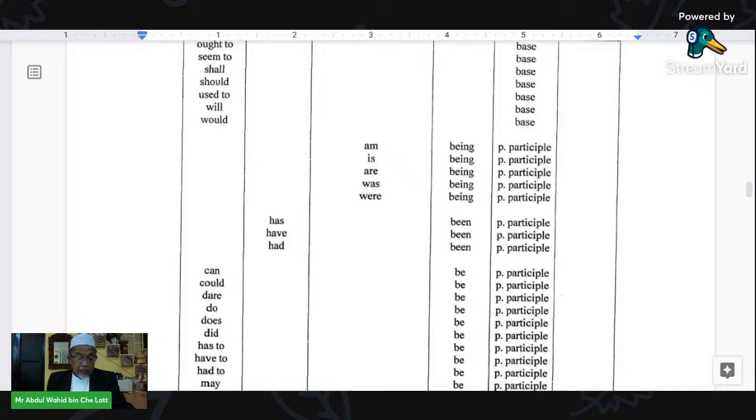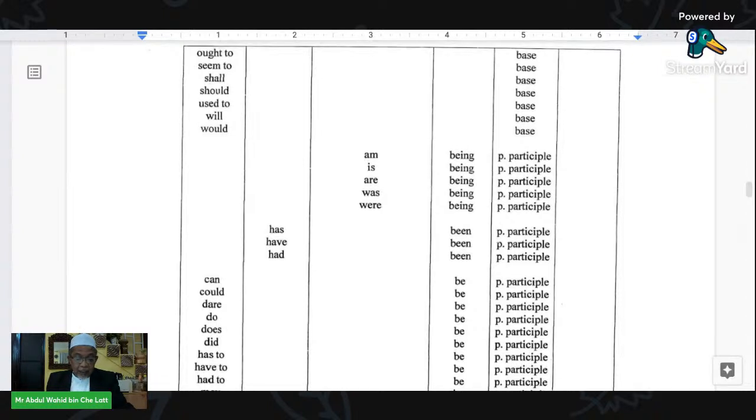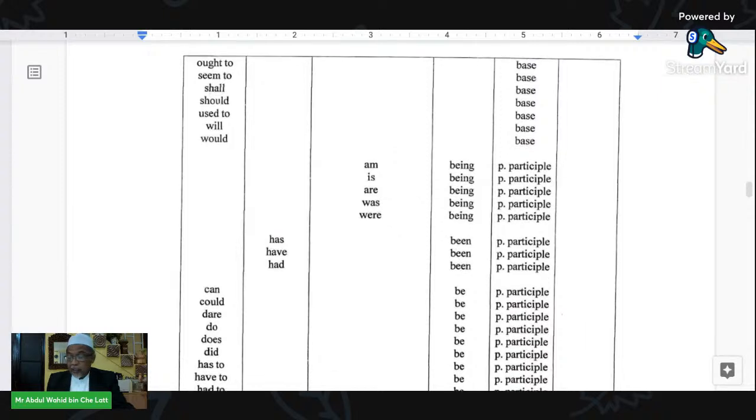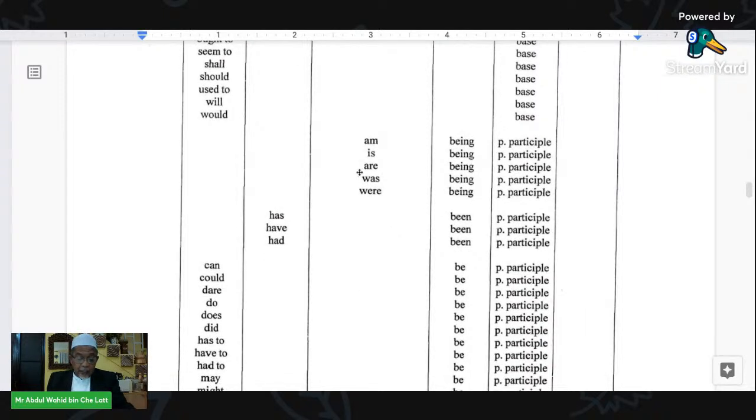Okay, sentence number 9. My children sedang melayari the internet at this moment. Okay, sedang is a concept of continuous. Melayari is lexical. So you put 3 on top of sedang and 1 on top of melayari. So therefore we have 3, 1.